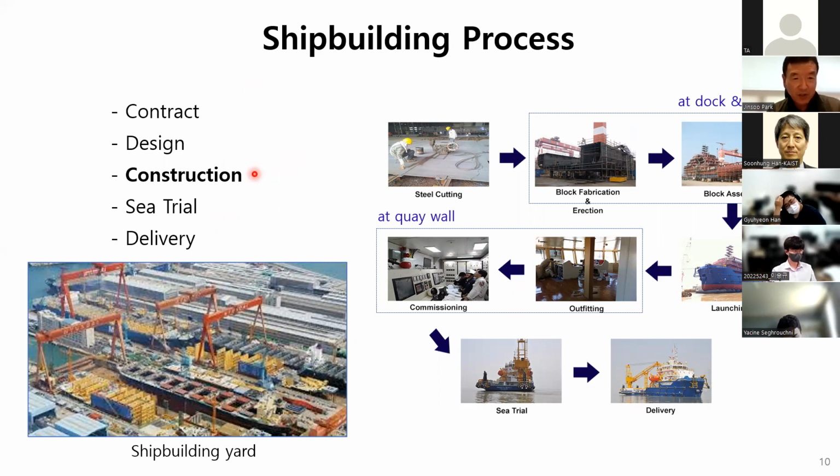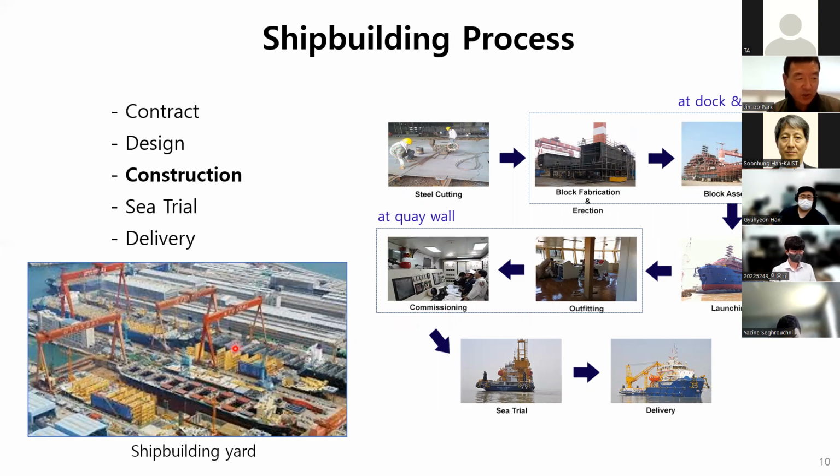Among them, the construction process for the ship hull can be described as steel cutting, block fabrication, block assembly at the dock and ground, and then commissioning and outfitting at the quay on the water.